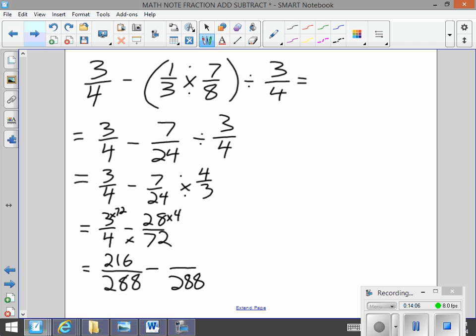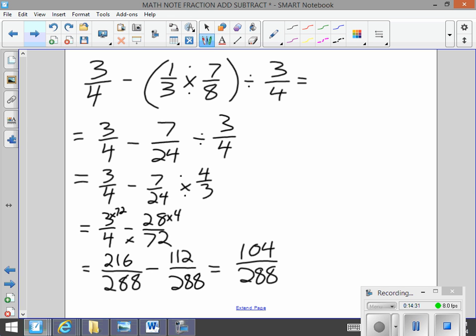We have 112. All right, now we just subtract those. 216 minus 112, 104 over 288.